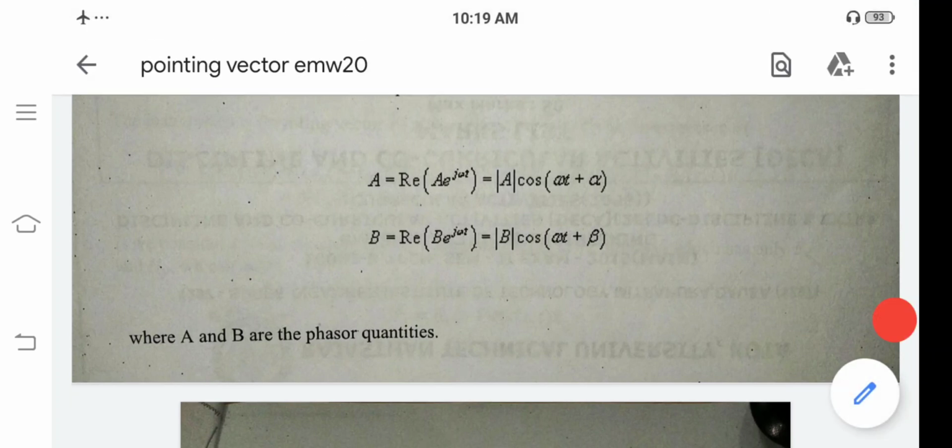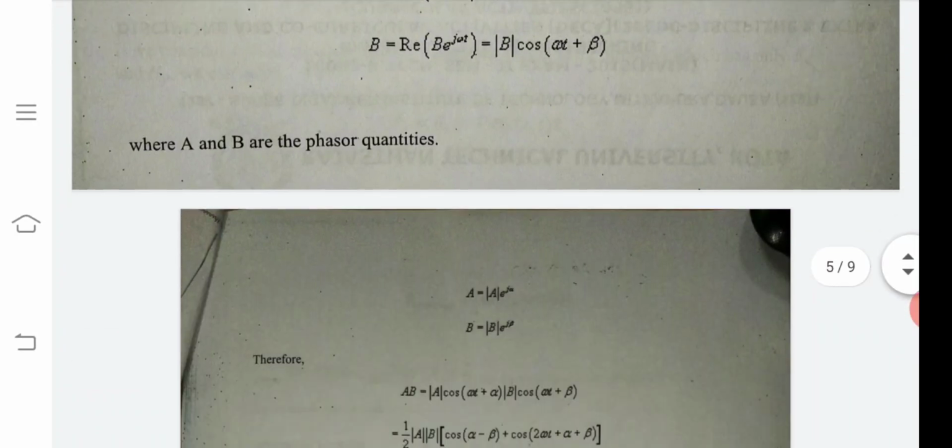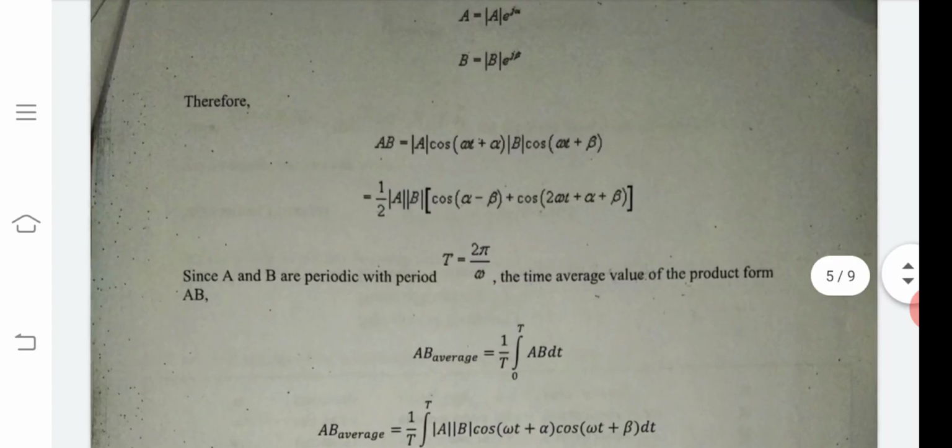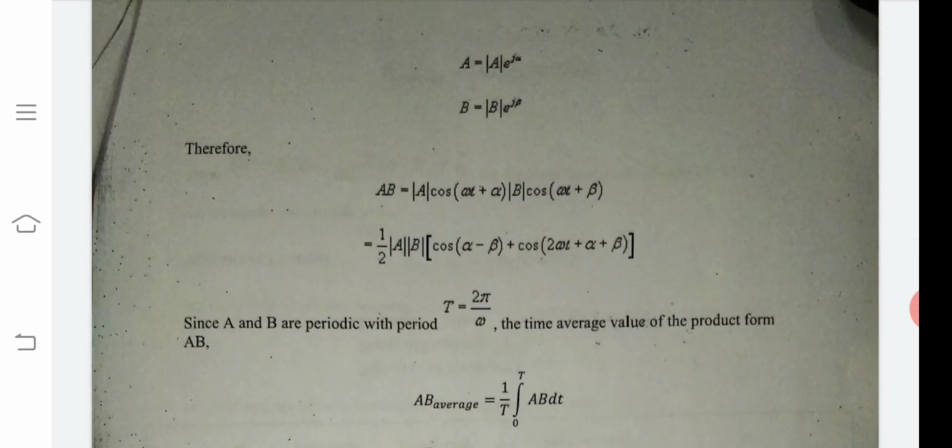Take two instantaneous quantities A and B such that A = Re[A e^(jωt)] = |A| cos(ωt + α), and B = Re[B e^(jωt)] = |B| cos(ωt + β), where A and B are phasor quantities, which can be written in this form: A = |A| e^(jα) and B = |B| e^(jβ). |A| and |B| are the amplitudes.